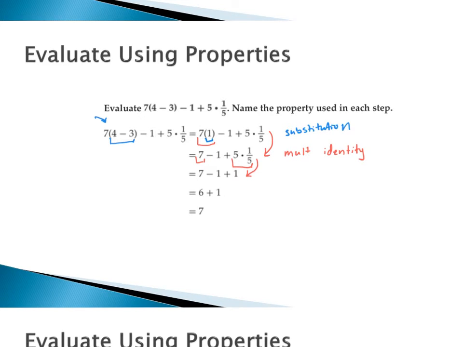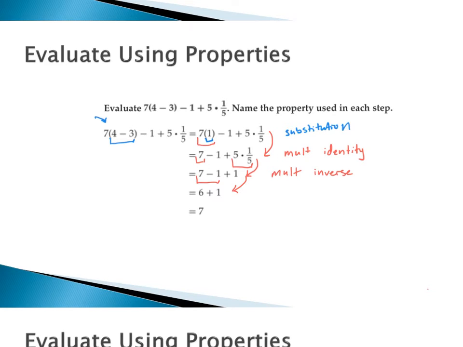this happened. We multiplied two things together and got 1. This means that we used the multiplicative inverse property, because we multiplied a number by its reciprocal. Now from here to here, this happened. 7 minus 1. Now, we don't get a 1, we don't get a 0, we don't get the original number we started with.